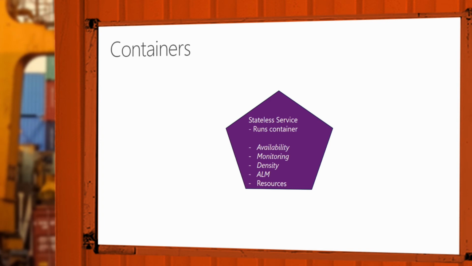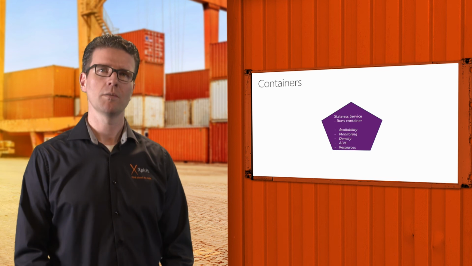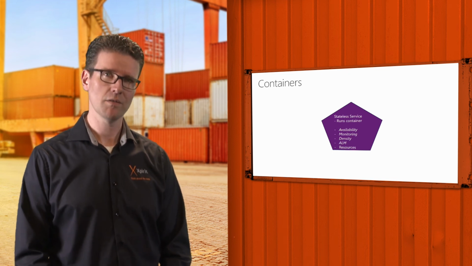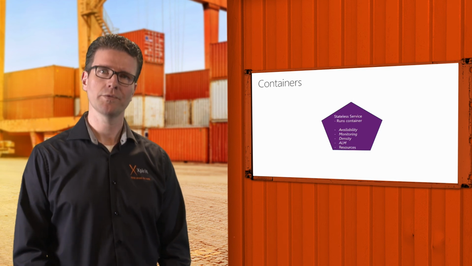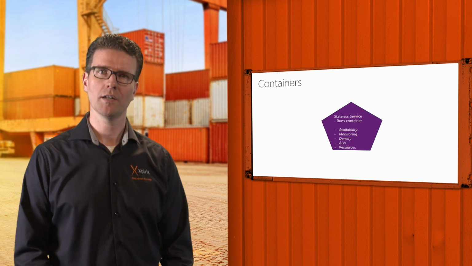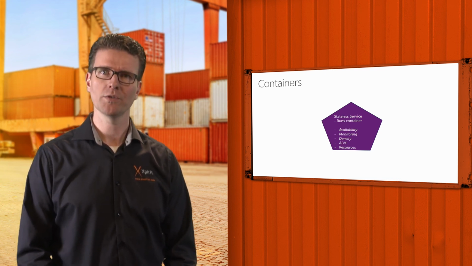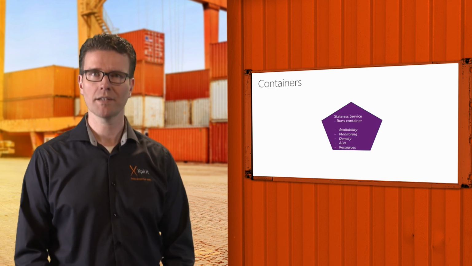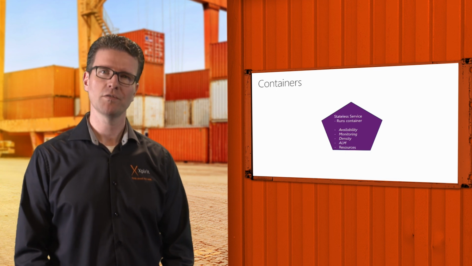To run a container in Service Fabric, you need to create a service type that is configured with at least the image name. Service Fabric will automatically pull the image to the cluster node and start the container. If the container crashes, it will be restarted automatically. You can combine running containers with guest executables and reliable services and actors together on one cluster to make optimal use of its server resources.